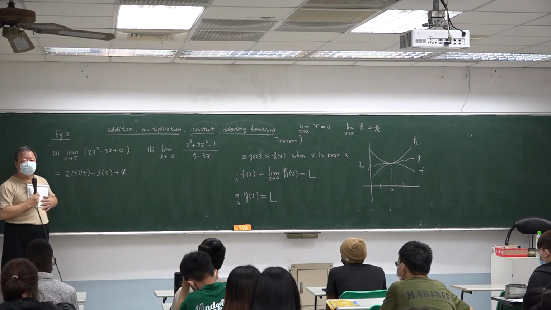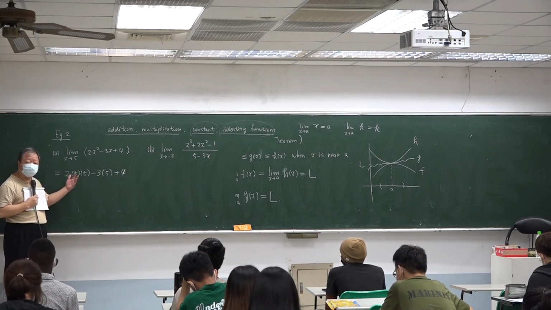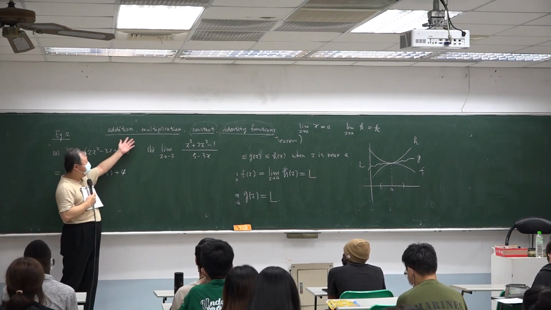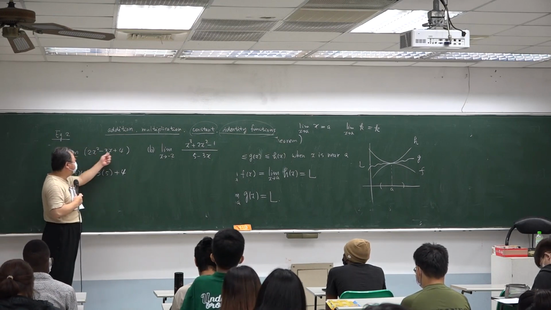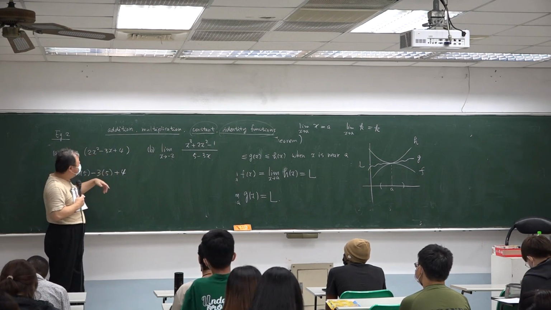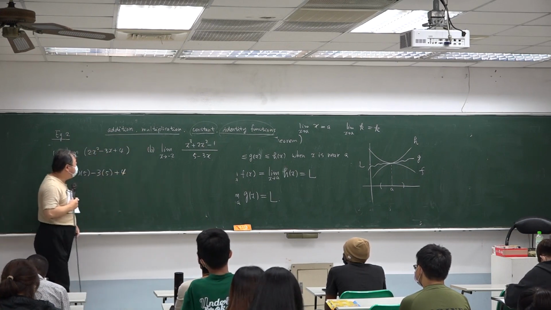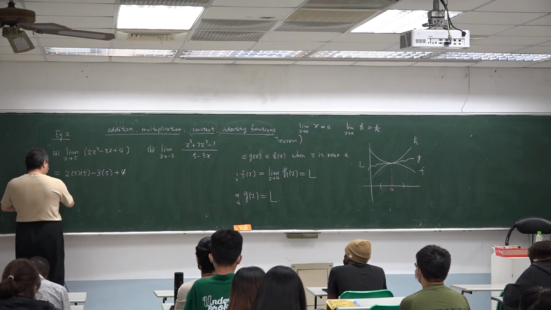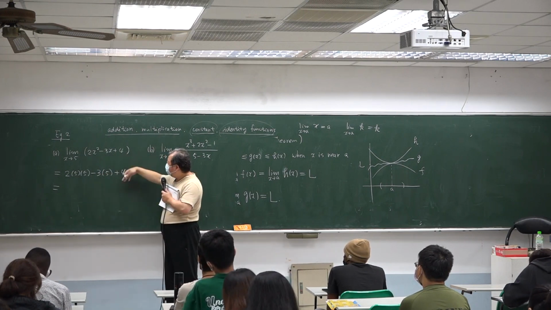Okay? Limits, if they all exist, preserve addition, subtraction, multiplication, even division. So we only use addition and multiplication, only constant functions and the identity function. After finitely many steps of these two operations, this limit can be evaluated by direct substitution.